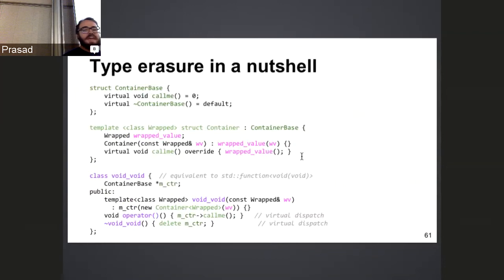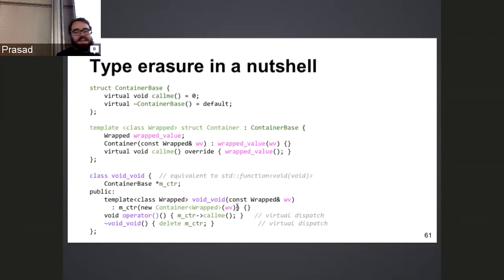Okay, so now that we have a container of T that we can use polymorphically, we just need to put one more layer of wrapping around that to hide that little implementation detail from the user. I'll call that class void void, which is equivalent to a std function of void void. And I can construct it with anything at all, right? This is a template constructor. Anything at all, as long as I can make a container of T out of it.